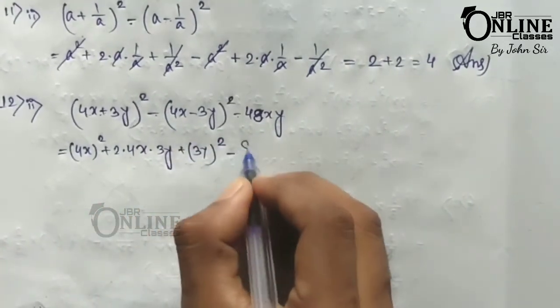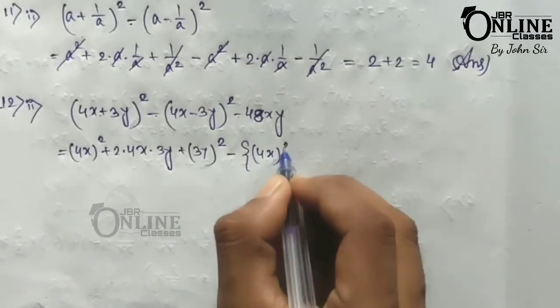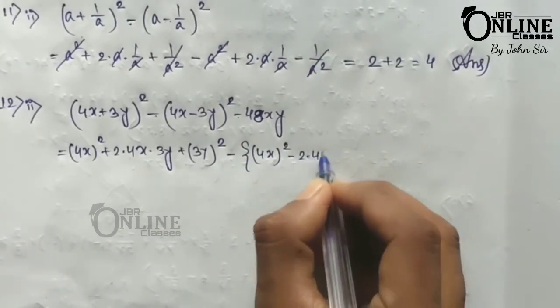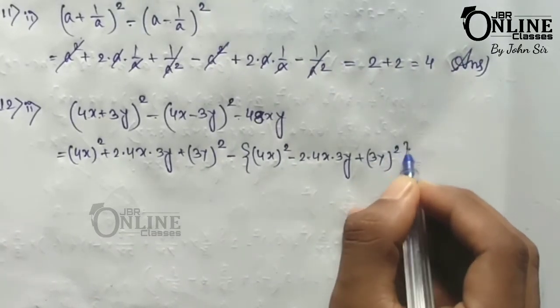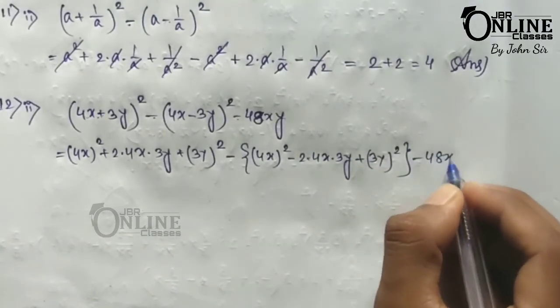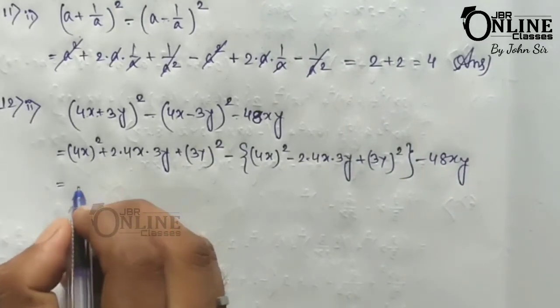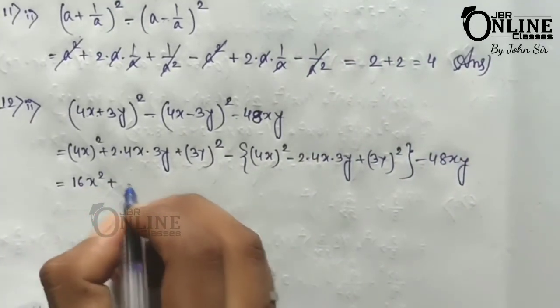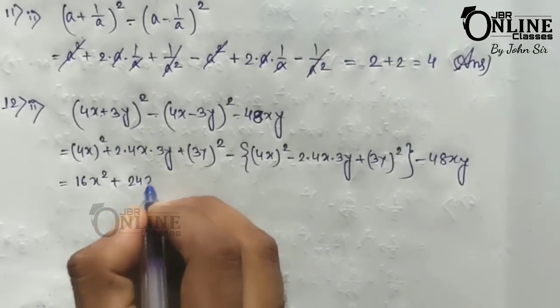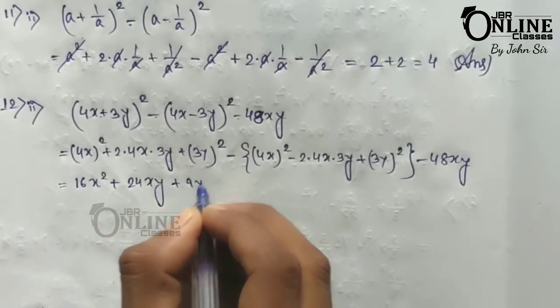Here also, 4x whole square minus 2 into 4x into 3y, and the last one 3y whole square, and the last one is 48xy. So 4x whole square means 16x square plus 2 into 4 is 8, 8 into 3 is 24, so 24xy, and the last one 9y square.